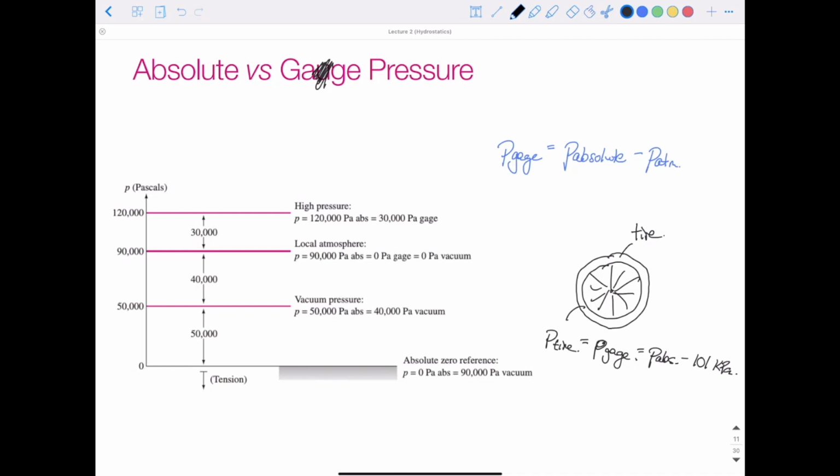Generally speaking, the atmospheric pressure is pretty constant, so we just assume that there's not much variation, and we don't really care about the absolute pressure. We just care about the gauge pressure, which is a lot easier to read and can simplify a lot of our calculations. So the main thing to remember is that our gauge pressure is the absolute minus the atmospheric pressure.